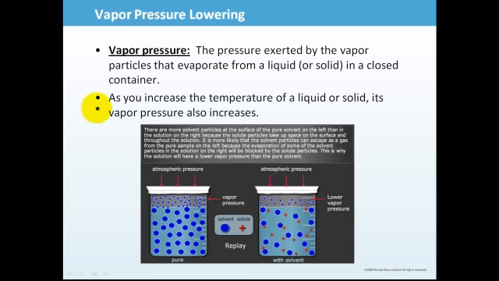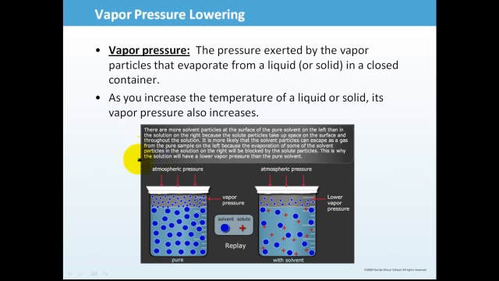Now, just a little side note here. As you increase or decrease temperature, you also are going to change the vapor pressure. As you increase the temperature, you're going to increase vapor pressure, just like when we did our gas laws. Increase temperature, increase pressure. And really it's the same reasoning back when we did 5.03.